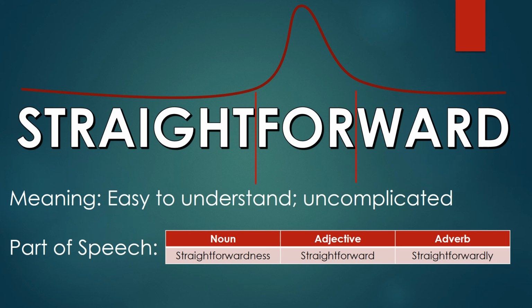The adjective form is straightforward. And the adverb is straightforwardly. You can use the suffixes or endings of the words to help you. For example, NESS is a common noun ending, and LY is a common adverb ending.